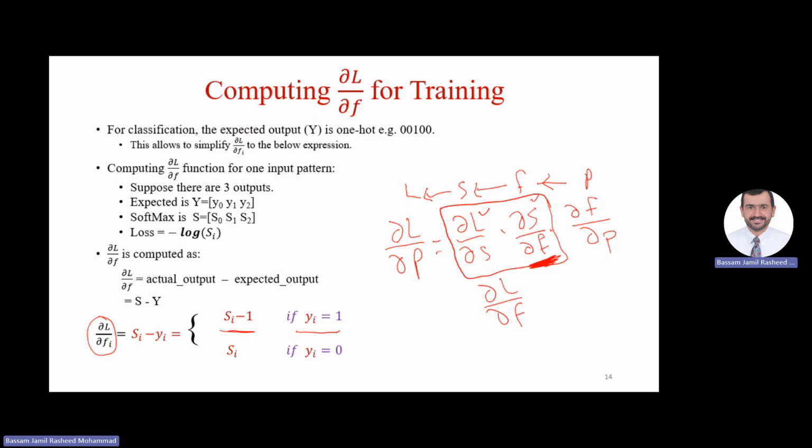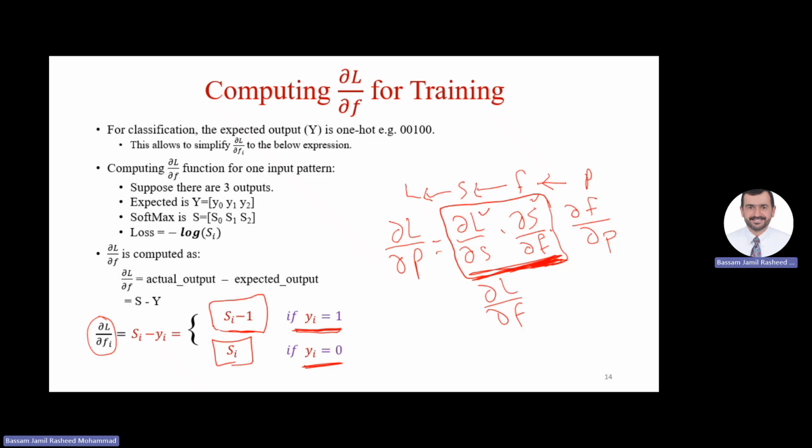I can combine these two, and this is the magic of the softmax. Now ∂L/∂F becomes S_i minus 1 if this corresponds to the correct output, or S_i if this is not the correct output. Very simple. Okay?